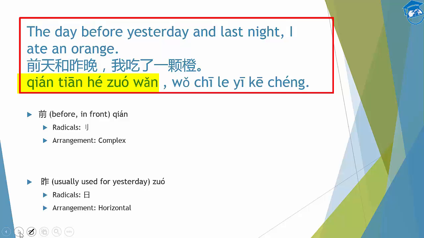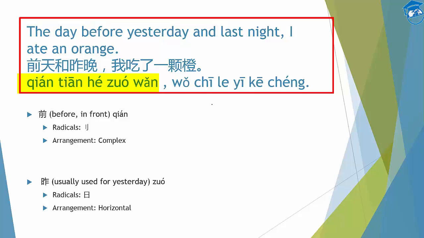So let's look at the new word here. 前 is before, or it can also be used in location, and it means in front. So this is the pinyin, and the radical is what is on the bottom right corner. So the arrangement is complex because you have the top part and the bottom part, you have left and right component.